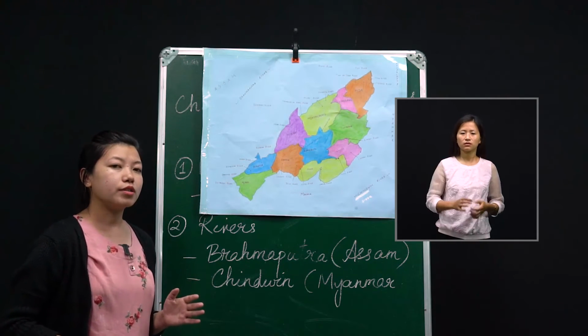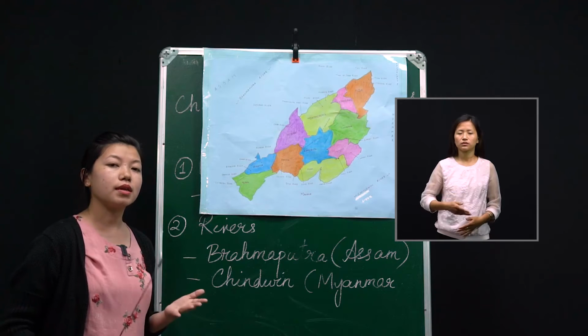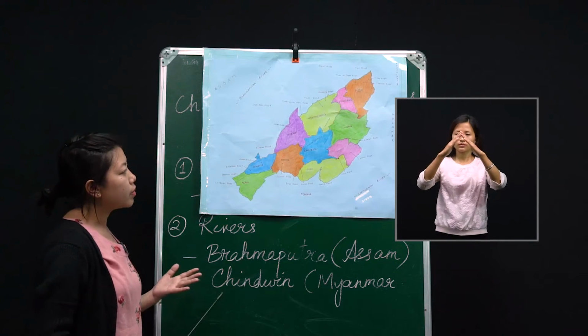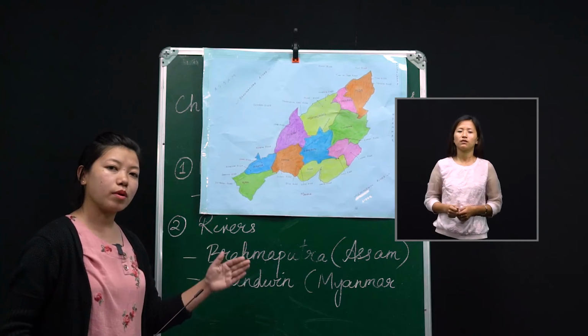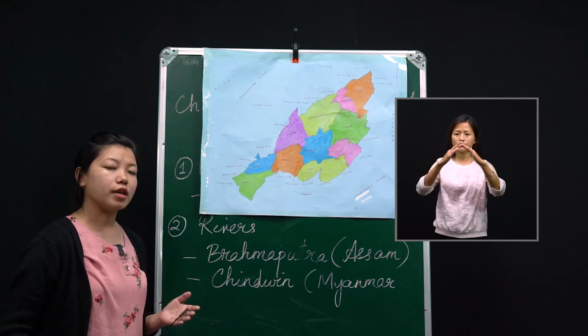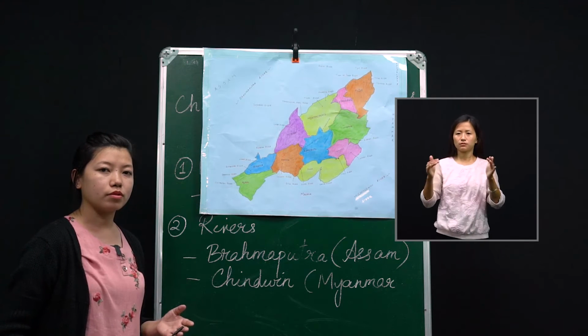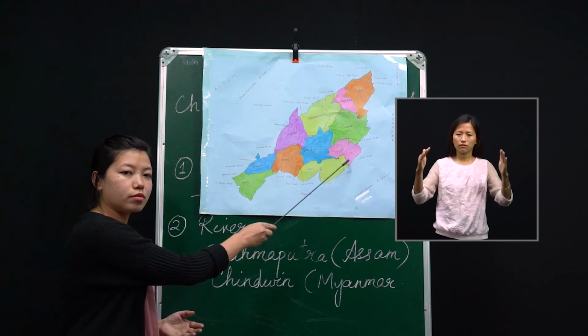Let me recap what I have taught today in this topic, starting with the mountains. So remember, there are 4 divisions of mountains in Nagaland: the lower mountain range, the middle mountain range, the Patkai mountain range, and the Barail mountain range. Now Mount Saramati is in the Patkai mountain range.